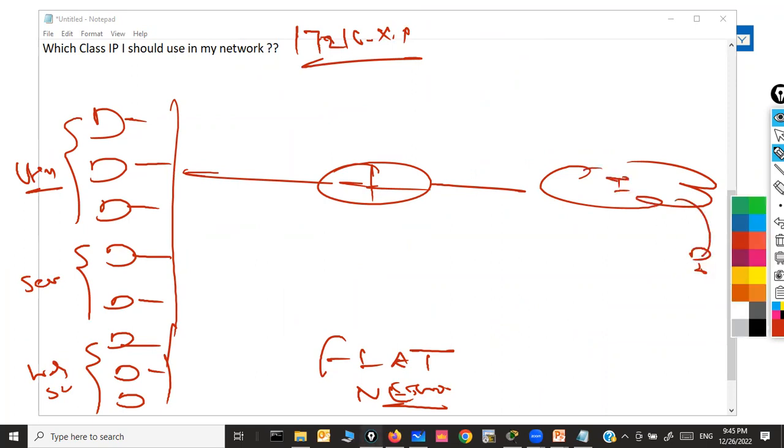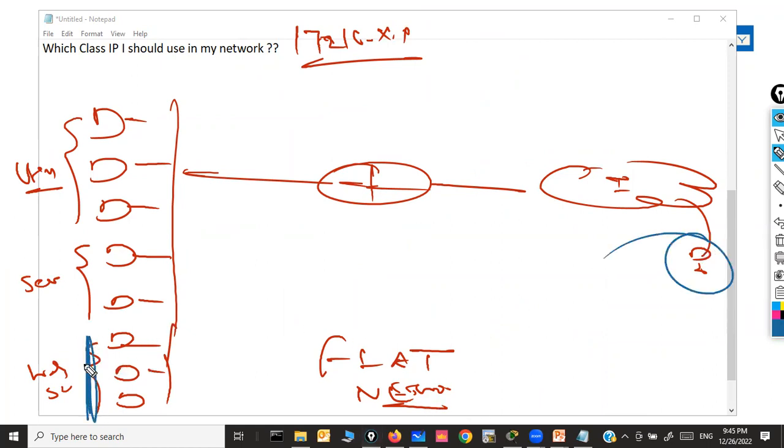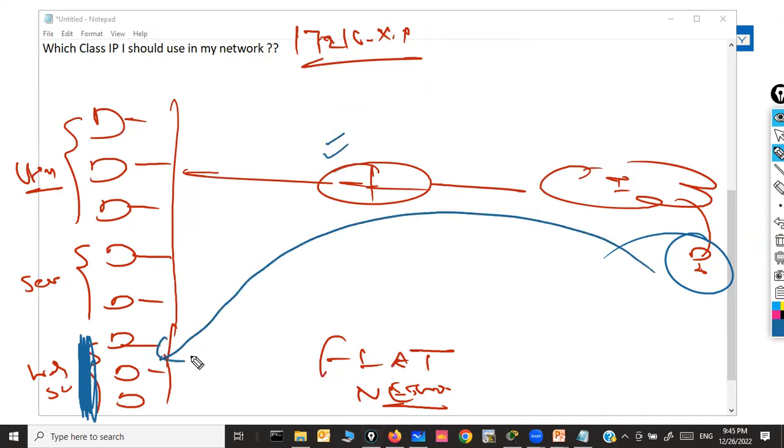It's not a good way of designing a network. Why? Because obviously these three servers are accessible from the internet. You'll have to allow, from your network device, from the firewall, access from the internet side to these servers.